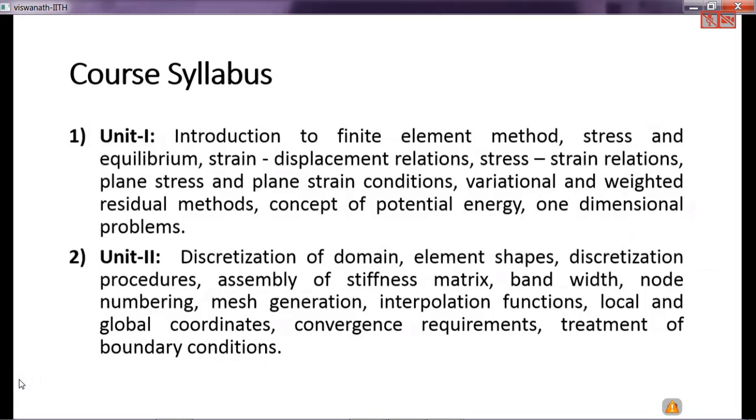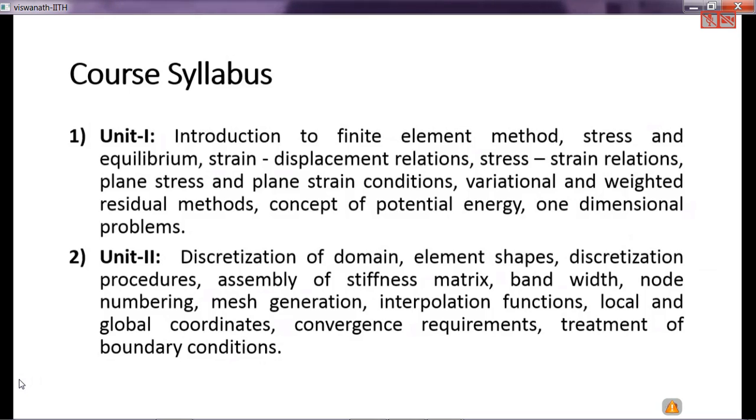As a rule of thumb, if there are any structures of the thickness of a paper or of that order, that is, the thickness is very small, in those cases you consider it as a plane stress condition.